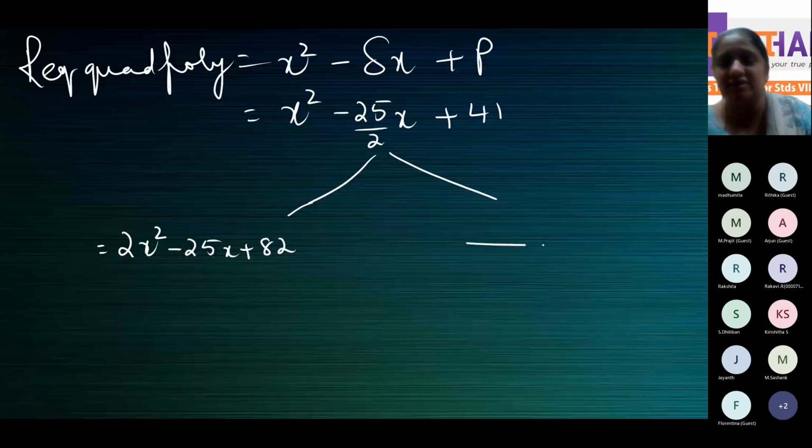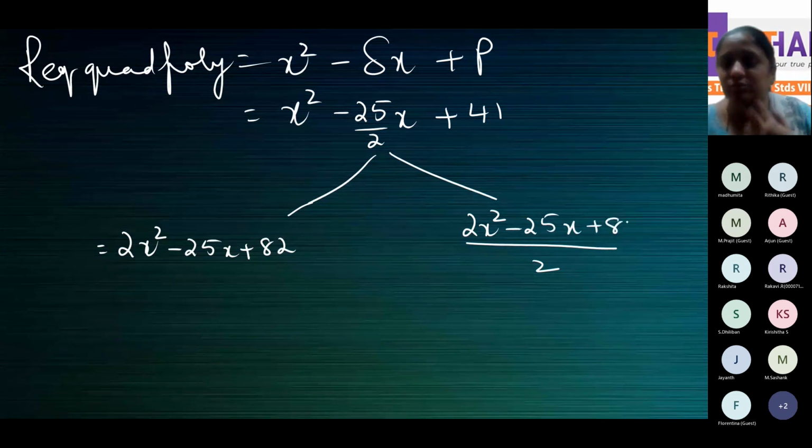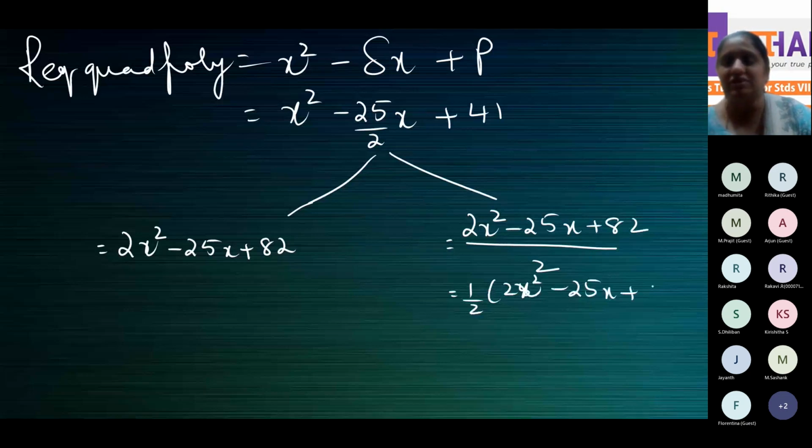Otherwise, you can take the LCM. 2 is the LCM, so you get 2x squared minus 25x plus 82, and then you take the half outside and write it as half into 2x squared minus 25x plus 82. Both are correct. Do any one, don't do both.